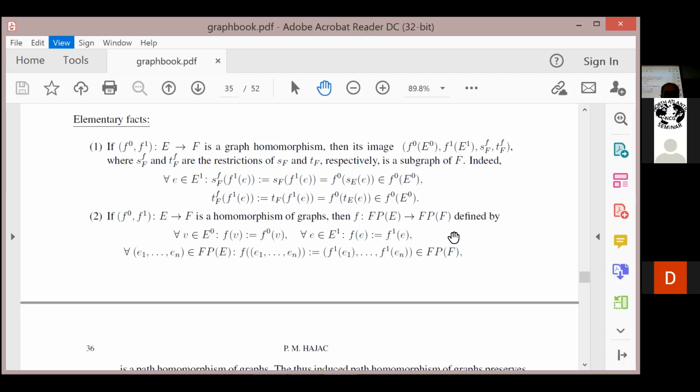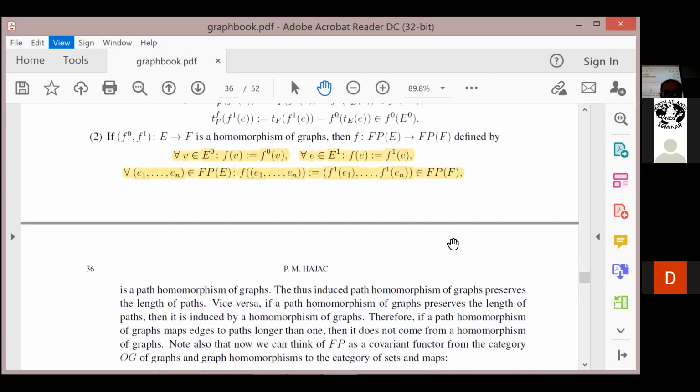And now I want to convince you that with precisely this definition, which I explained a week ago, I believe, you actually can view FP as a functor from the category of graphs with morphisms being just graph homomorphisms to the category of sets and maps, okay?